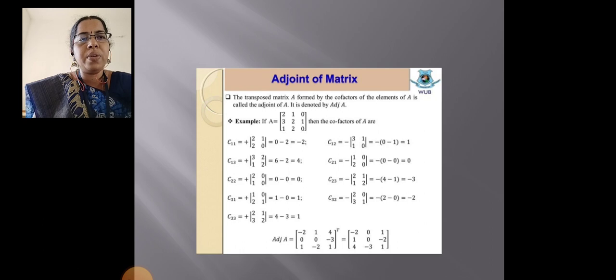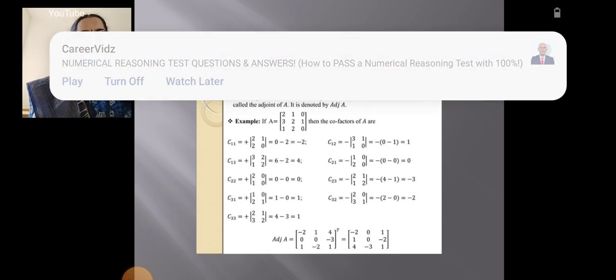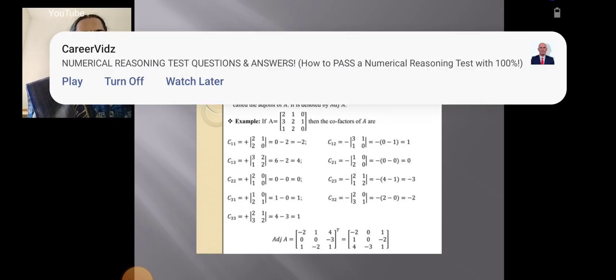First, C11 is equal to plus, with signs alternating, the determinant after removing the first row and first column, which leaves 2, 1, 2, 0. So the answer is minus 2.